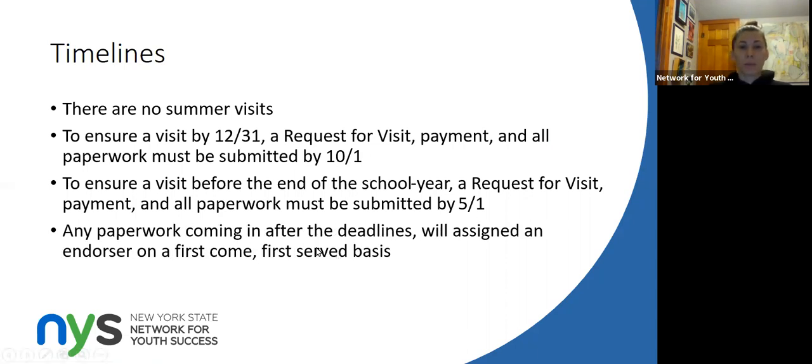And again, any paperwork coming in after the deadlines, we do try our best to get endorsers. We assign endorsers on a first come, first served basis. And we do our best to try to get them, but those end of the year times tend to be tricky, as well as the end of the school year.